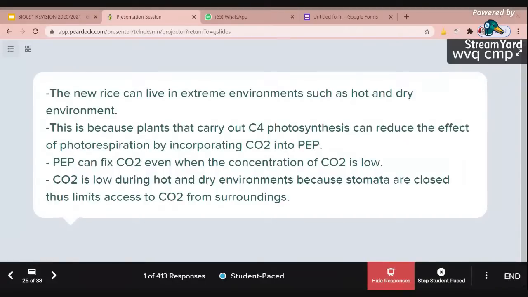Jawapan yang lain yang boleh ditulis di sini, slide 25. Okay, so yang pertama, able to stand hot and dry day. Yang kedua, you boleh kata minimize photorespiration. Yang ketiga, estimated yield increase.